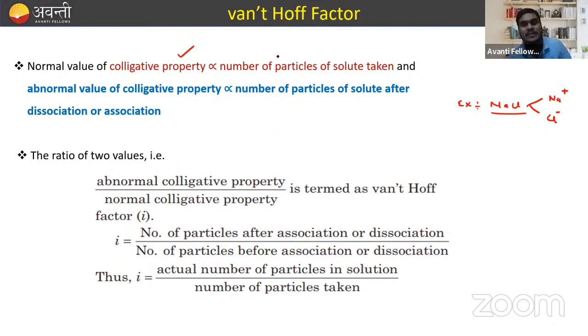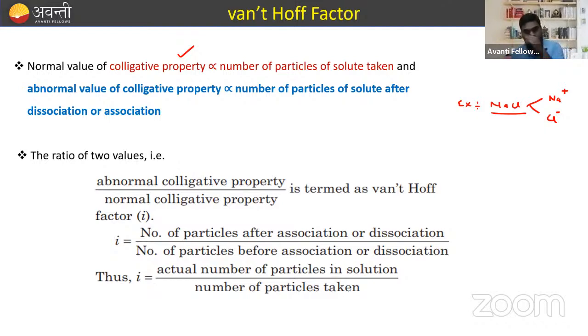Here I have written the number of particles of solute taken, but the abnormal value of colligative properties is directly proportional to the number of particles of the solute after dissociation or association. It means that for NaCl or any compound like Na2SO4, Al2(SO4)3, these ionic compounds actually dissociate to give more ions. So their colligative properties also change accordingly, right? So this gives rise to the abnormal value of the colligative properties.